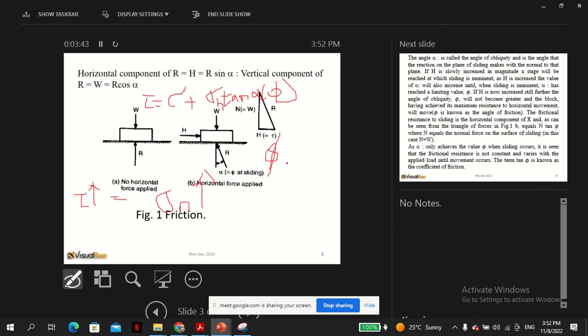Phi is just a maximum value. So in fact, the shear resistance given by the soil depends on the confinement.